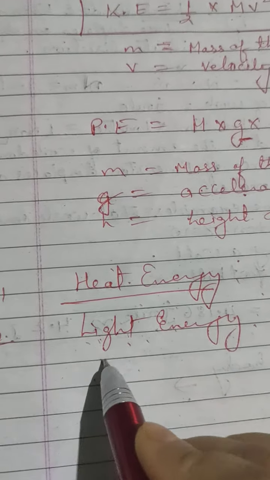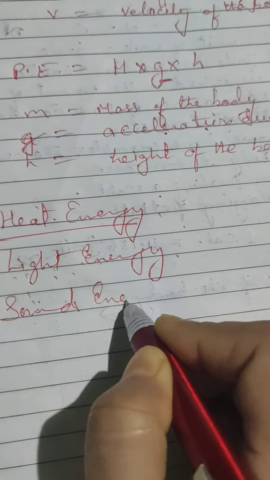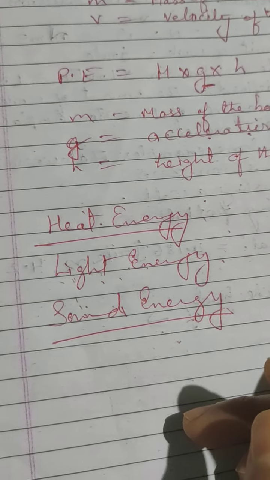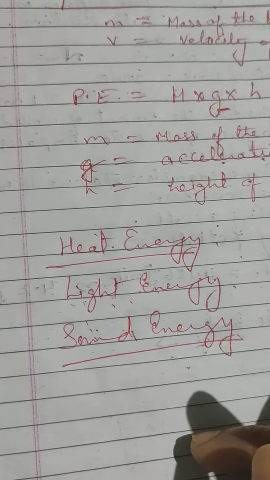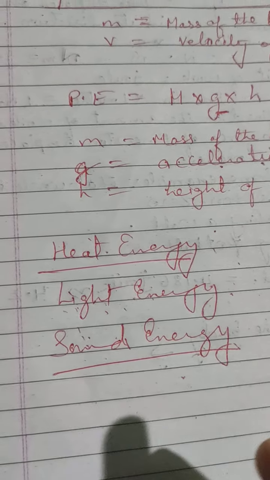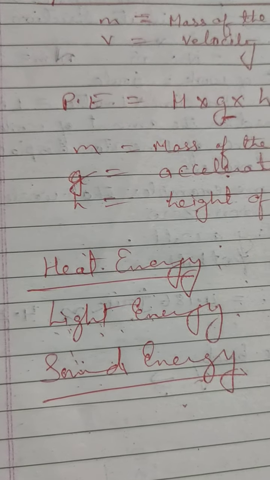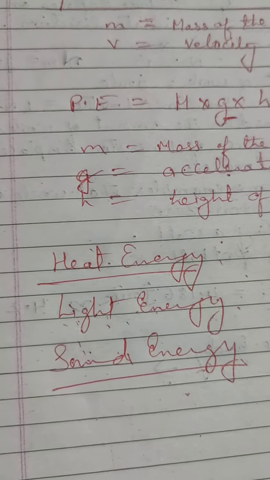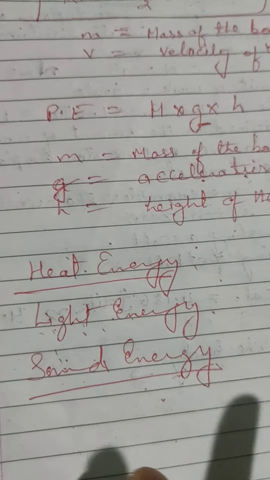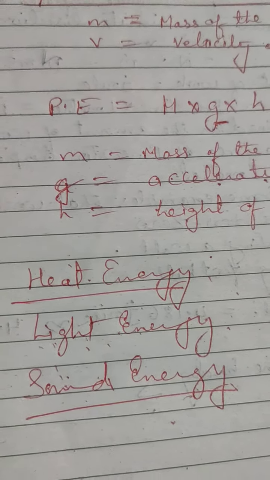Clear, children? Light is a main source of energy. Third is sound energy. Sound energy is also a form of energy produced by vibrating bodies. For example, you can touch your throat. When you speak, the vocal cords in our throat vibrate and produce sound. Before the voice is heard, our vocal cords vibrate, and through vibration sound is produced.